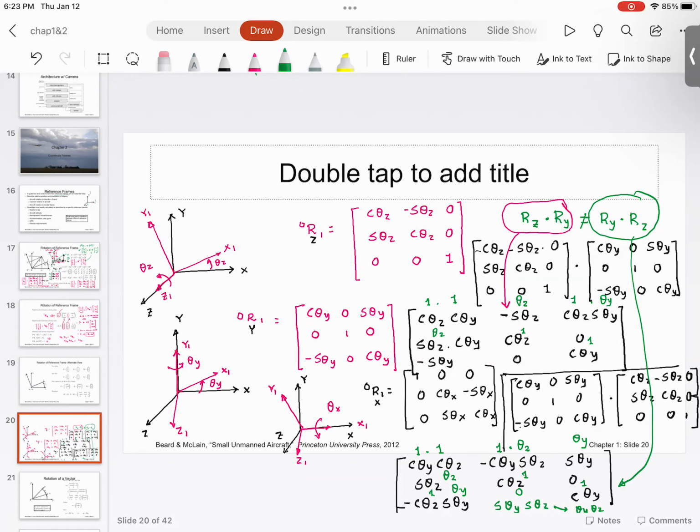Does it make sense? Since sine theta y is a small quantity, replace it as theta y. Sine theta z is a small quantity, replace it as theta z. This small quantity multiplied by the small quantity becomes a very small quantity, which is close to 0.